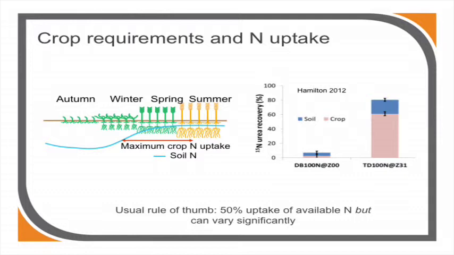But those rules of thumb are generally based on an uptake of about 50%, so assuming that 50% of whatever fertiliser we put out in a given year actually makes its way into the crop. But as we can see from our fertiliser recovery data set from down at Hamilton, we can see really big differences in how much of that applied N actually ends up in the crop in a given year, depending on the situation.